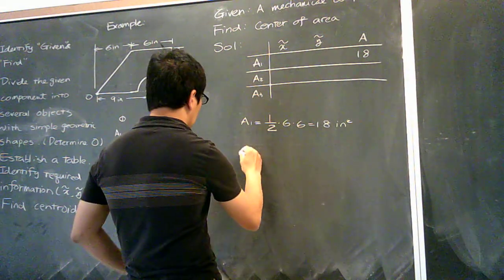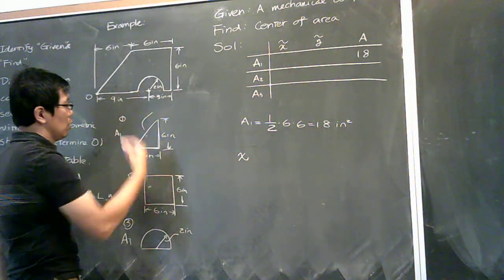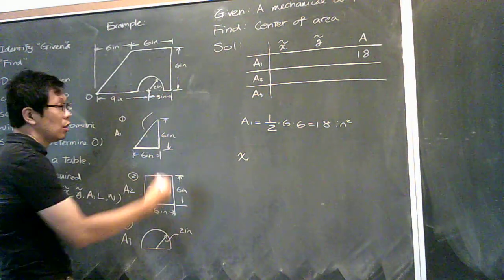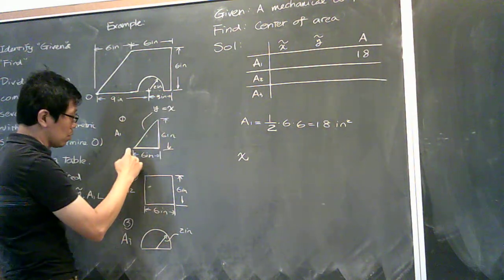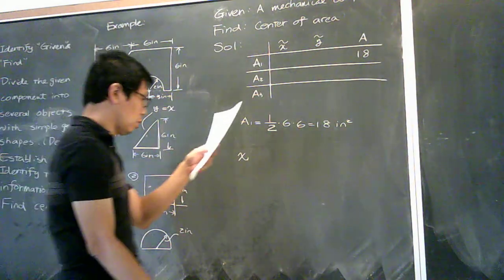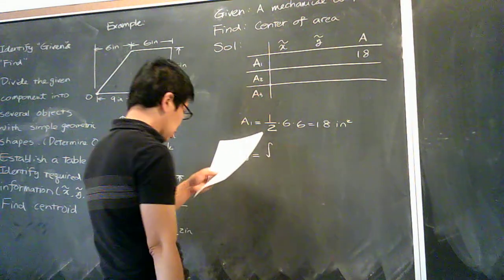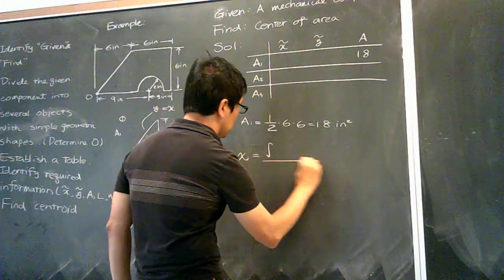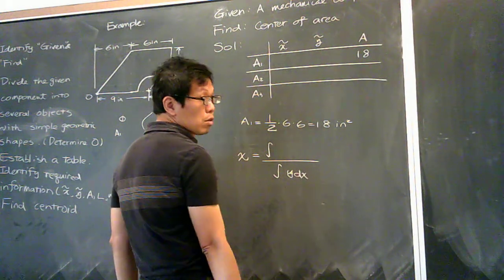So I have x1. What is the function over here? Y equals to x, right? Because this is 1, this is 1, this is just a ratio. Y equals to x. So x over here is going to be y dx.